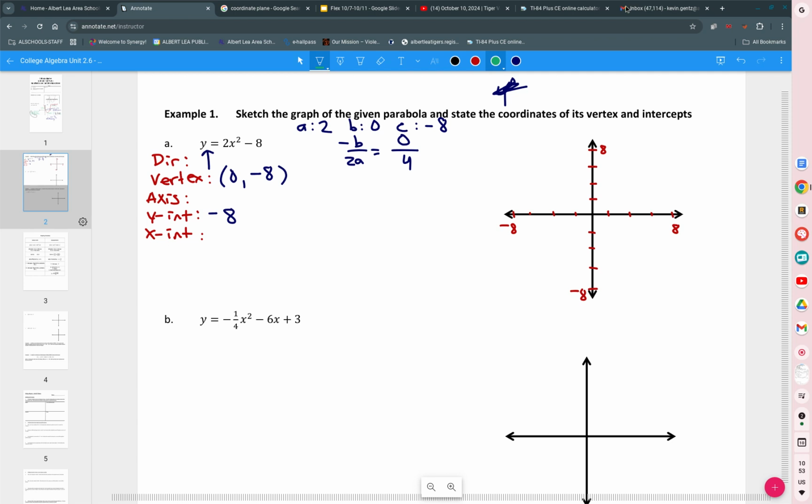I'm going to plot the coordinate 0, -8. That's both my vertex as well as the y-intercept.